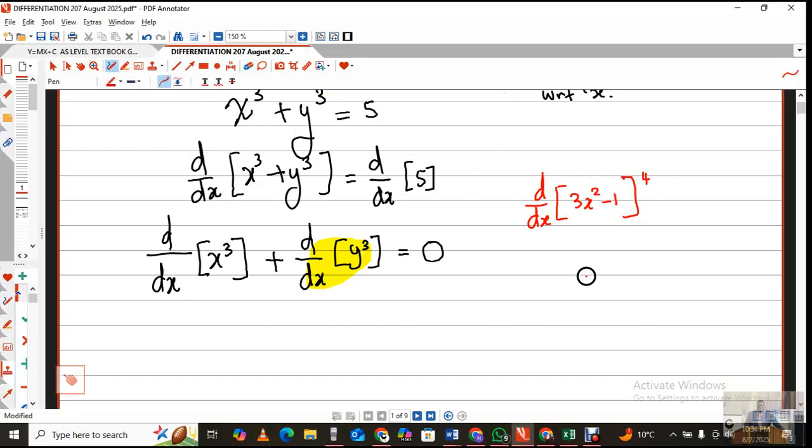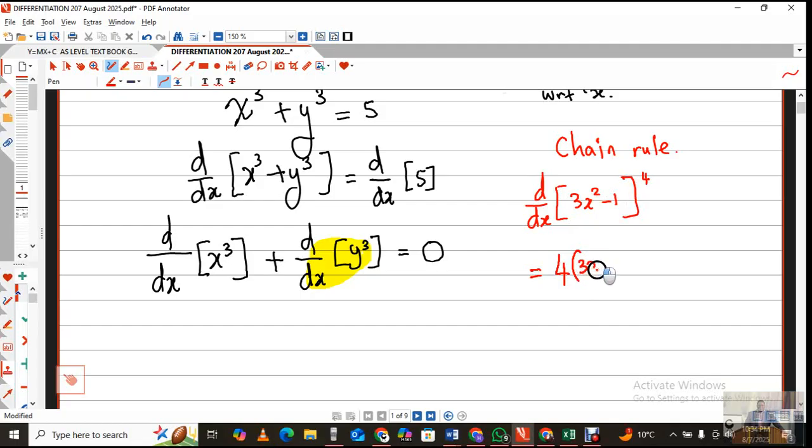The way you will do this is you will be using what is referred to as the chain rule. What the chain rule essentially means is you're going to use that power, and then you're going to multiply with whatever you have inside, and then you're going to find the derivative of that stuff inside. So this is what I mean. You have the power, so that's going to be 4.